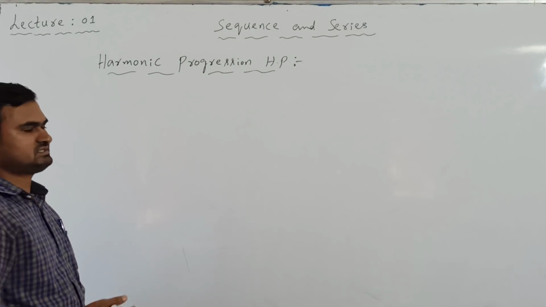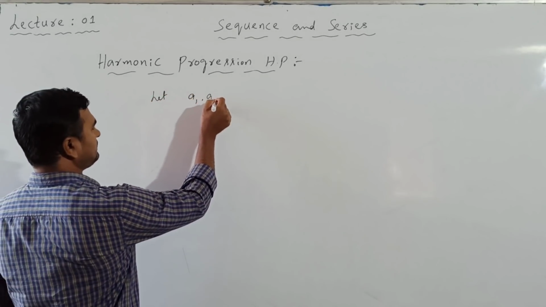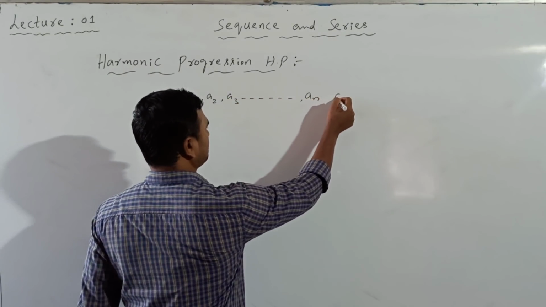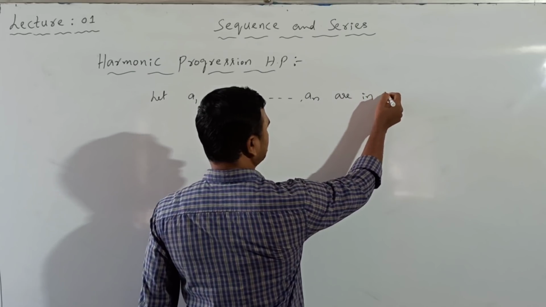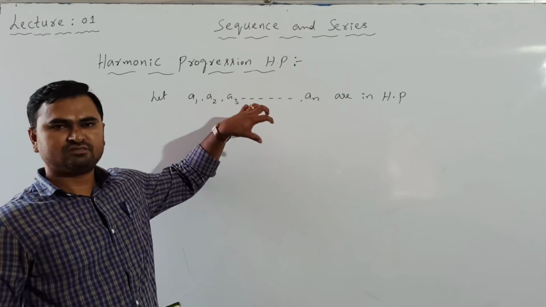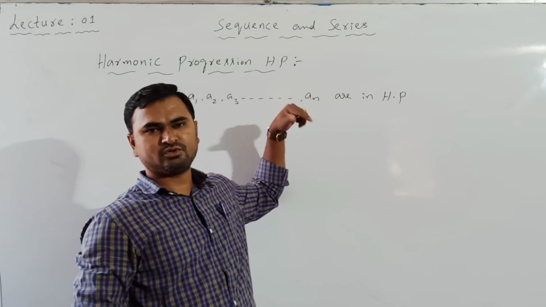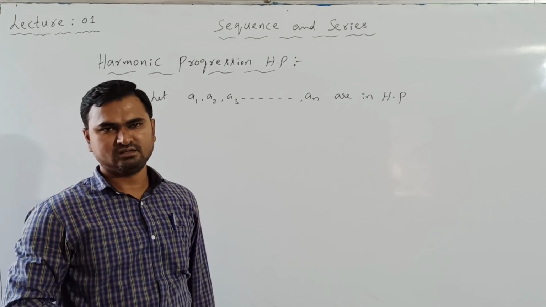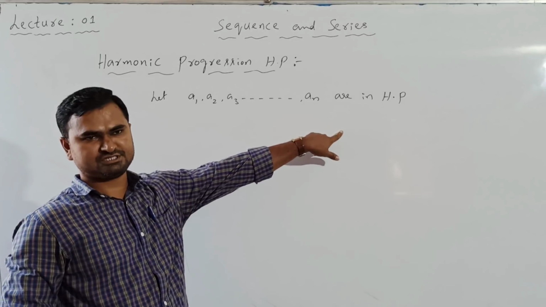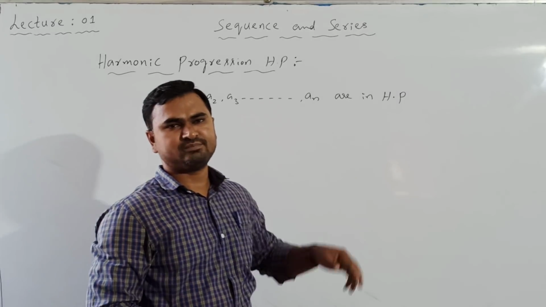If a sequence of terms A1, A2, A3 and so on up to An are in harmonic progression, the sequence of terms are said to be in harmonic progression only if their reciprocals are forming an arithmetic progression. So these terms are said to be in harmonic progression only if their reciprocals are in arithmetic progression.